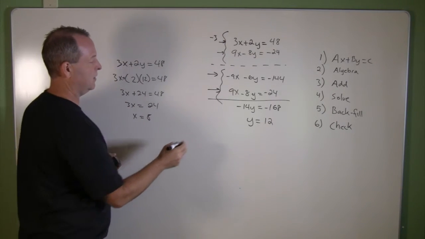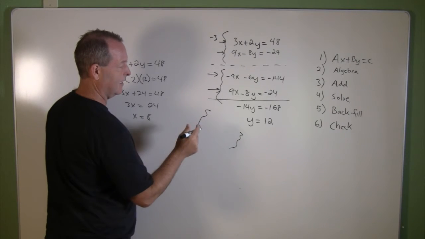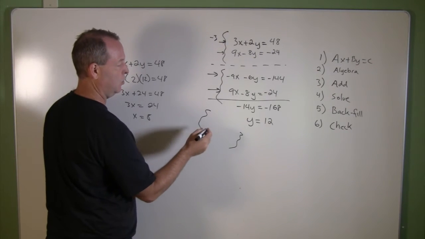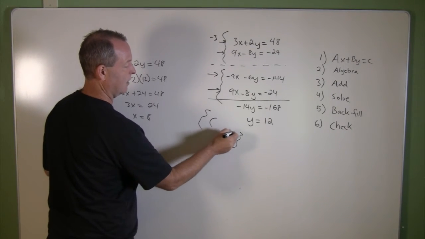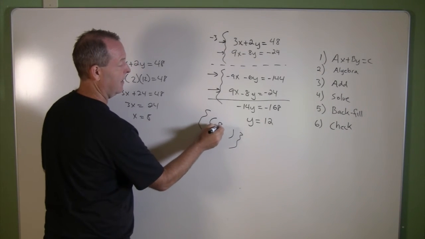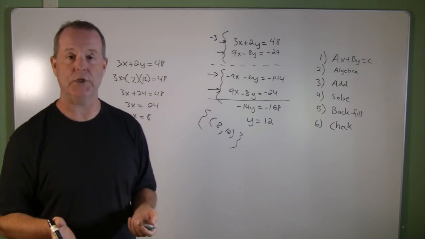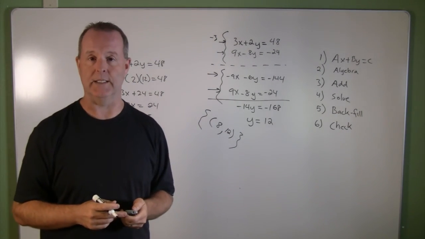And now I have a solution set. Inside the solution set is my solution, which in this case is the coordinate pair. Coordinate pairs are written like that, and the coordinate pair is (8, 12). And that is my solution for this particular system of equations.